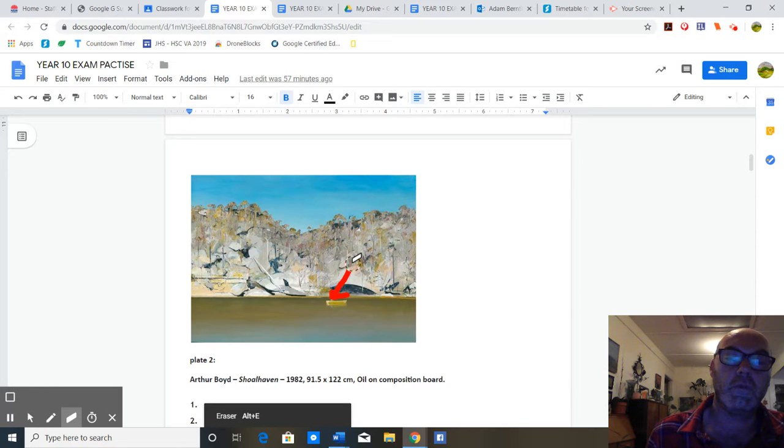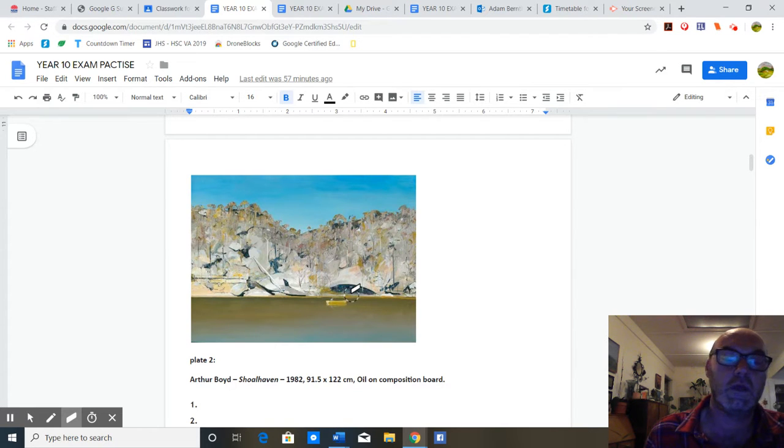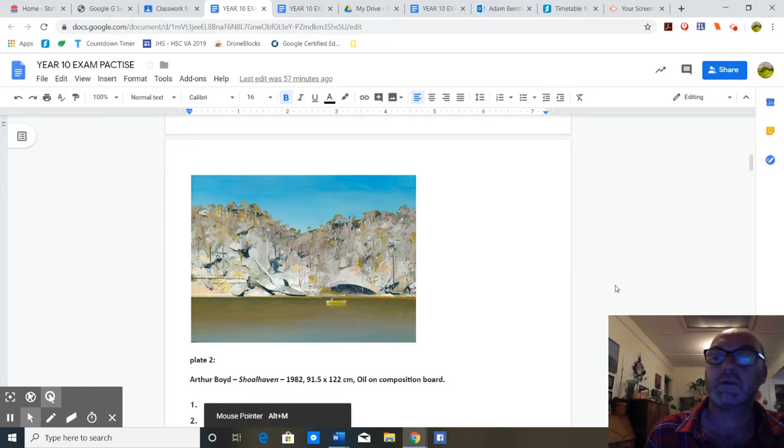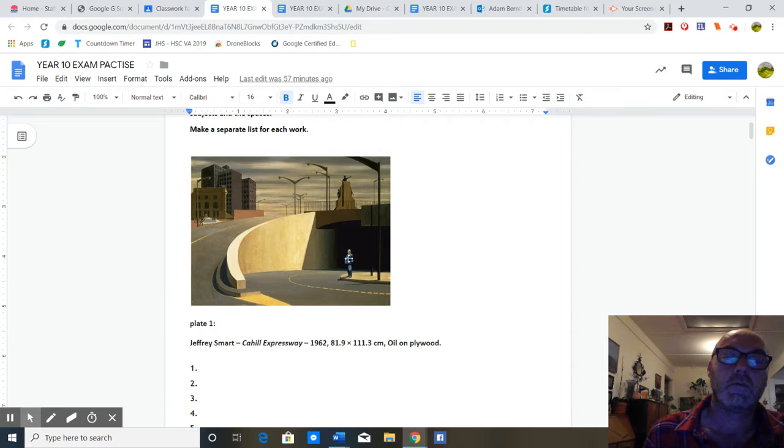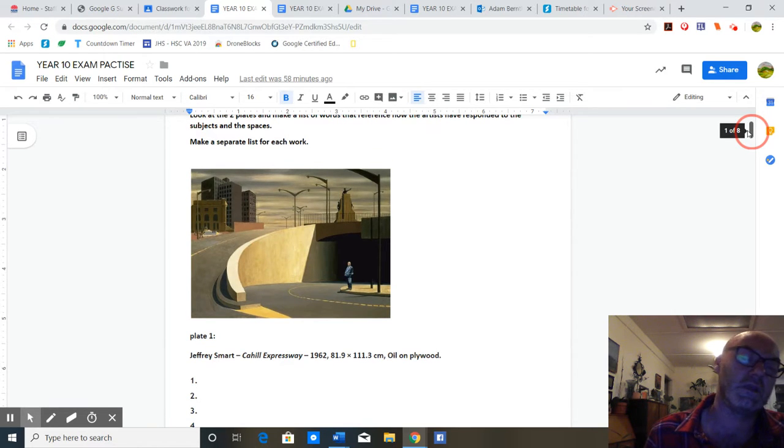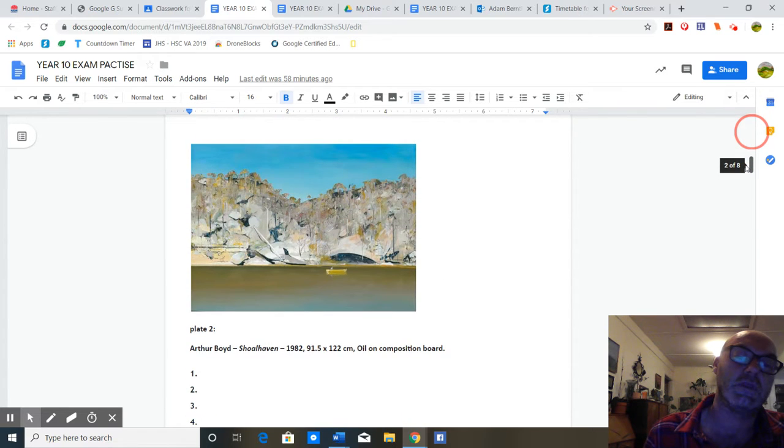Yep, on their lonesome, all alone, in a big empty space. Geoffrey Smart, all alone, on his own, in a big empty space. One is, of course, in the city. One, of course, is in the country, on a river, in a beautiful part of the world.